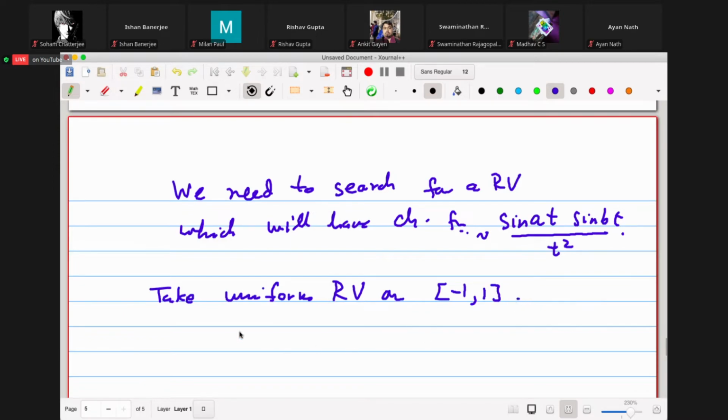So try this. What do we get? Phi of t is equal to, write down the formula, since it is concentrated only in this range, the integral from minus 1 to 1 of e power i t x fx dx. But f is uniform, and this interval has length 2, so dx by 2.